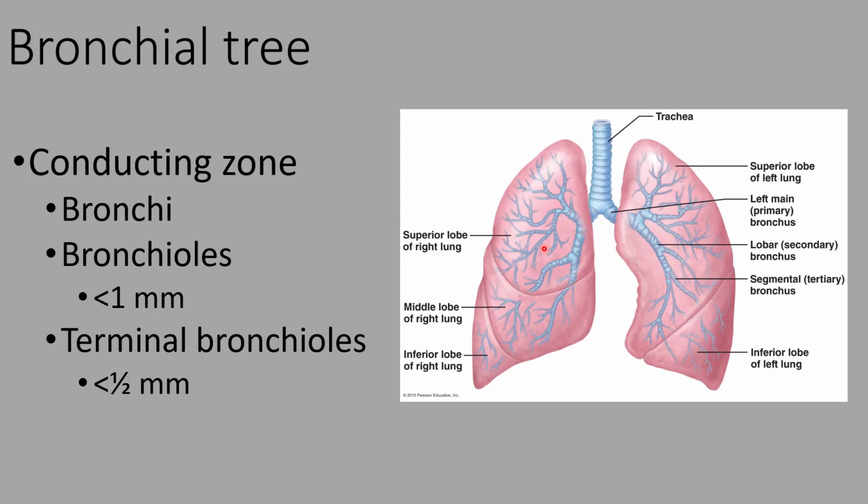They continue to branch and branch and get smaller until they get to the very end of the line, and we call these terminal bronchioles, and they are smaller than 0.5 millimeter in diameter.